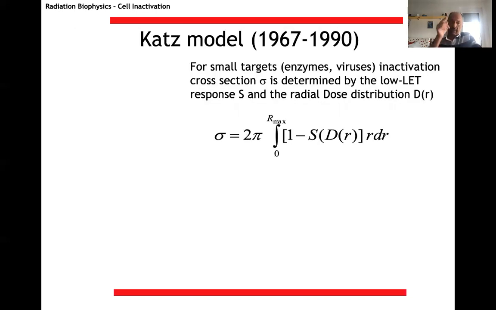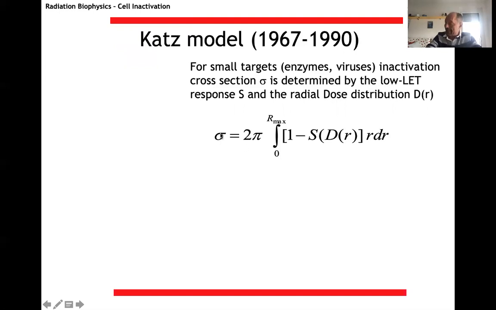If you remember, Robert Katz was one of the first to do an amorphous track structure model for the physics part. And then he used it to build a cross-section for targets that do not repair, like enzymes, viruses.